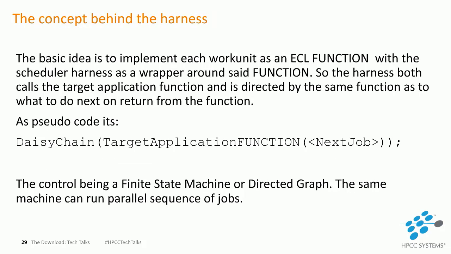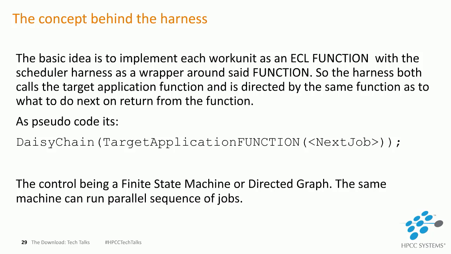Anyway, the concept behind this is that your job runs as an ETL function, and it's passed effectively something which indicates what the next job is. Actually, it's an unsigned number, and it has to return a next job. So the daisy chain, which is the harness that your work unit runs in, not only gives the function the next job ID, but the function itself has control at runtime about what the following function that runs is.